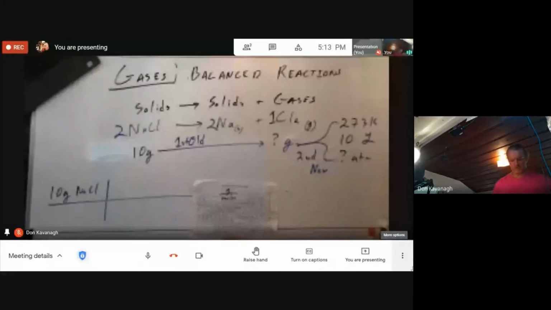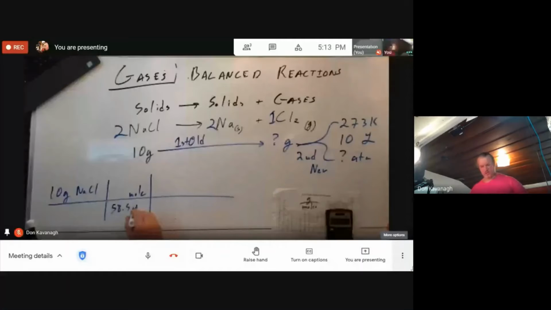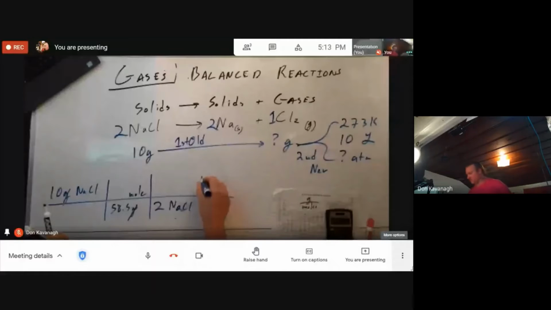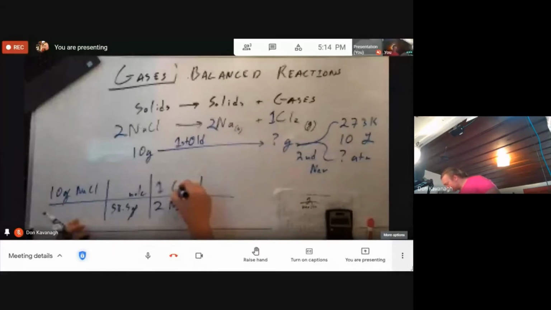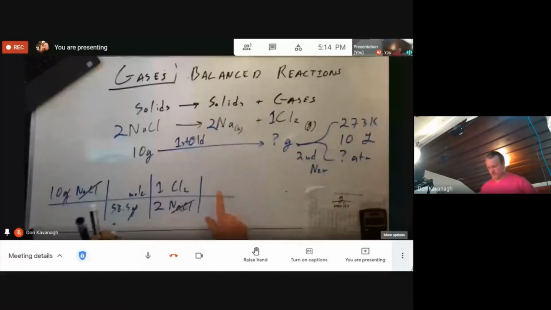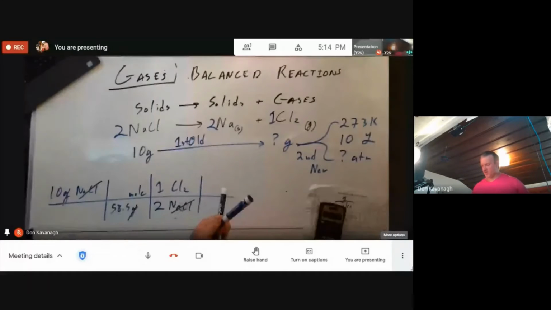Grams cancel. We use coefficients from the balanced chemical reaction: 2 NaCl, and we're trying to solve for chlorine, so 1 Cl2. Now we solve. Chlorine gas is Cl2, so 35.5 times 2 is 71 grams per mole.